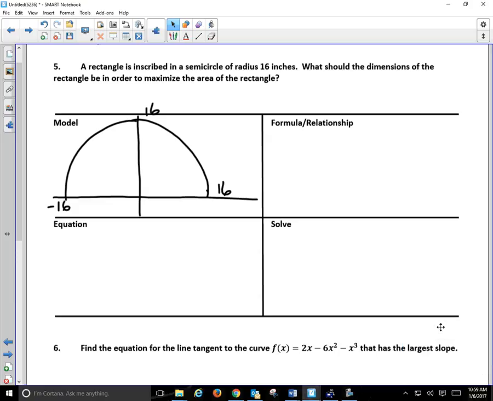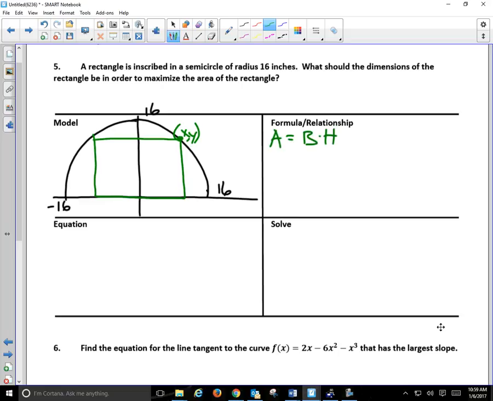Okay, so I got a rectangle inscribed here, and I've got this coordinate xy. What's driving the problem? So area is still the base times the height. I need to identify base and height. So just a little bit different.